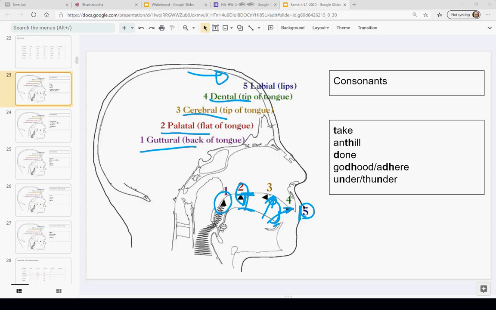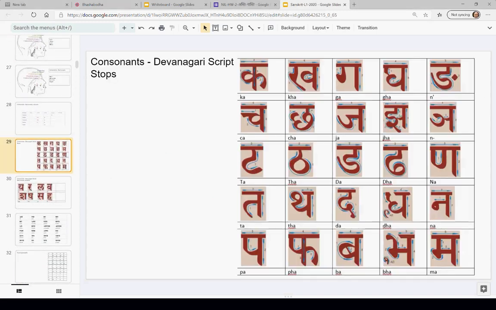So in that series, each column has its own peculiarity, how they are pronounced. But here for our study right now, the last column has a speciality. Okay? The last column, nga, nya, na, na, ma.